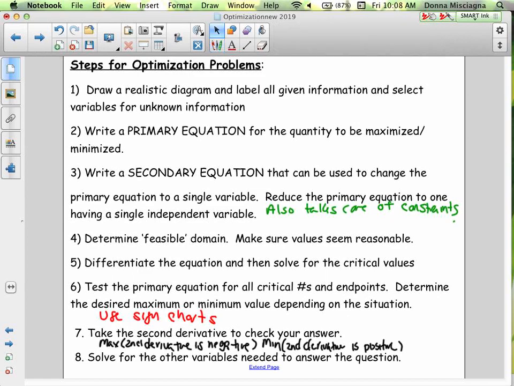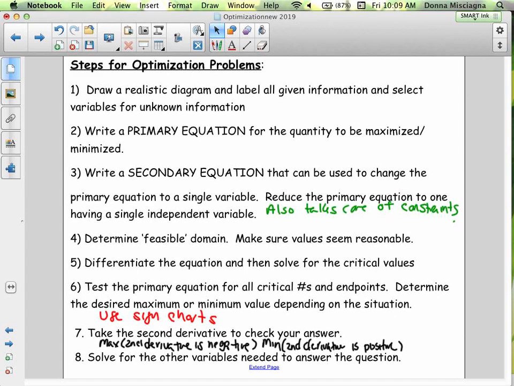Might also use the extreme value theorem. Then you're going to take the second derivative to check your answer. If you're maximizing something, your second derivative should be negative, because if you want something to be maximum, it should be concave down. And if you're minimizing something, your second derivative should be positive because your function should be concave up.